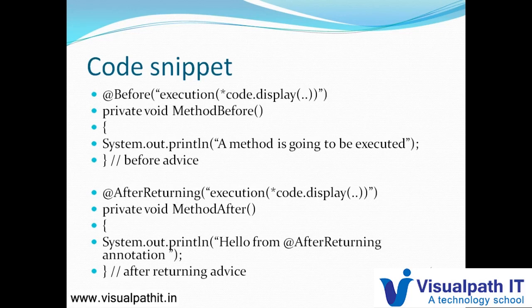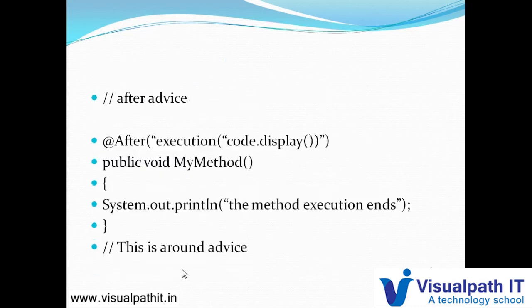Before execution, the code display here, this is the method before execution. This is the before advice example. Method before is the name of the method. A method is going to be executed is what we are printing here. After returning, here again we are having execution, the method, and System.out.println after returning the advice.